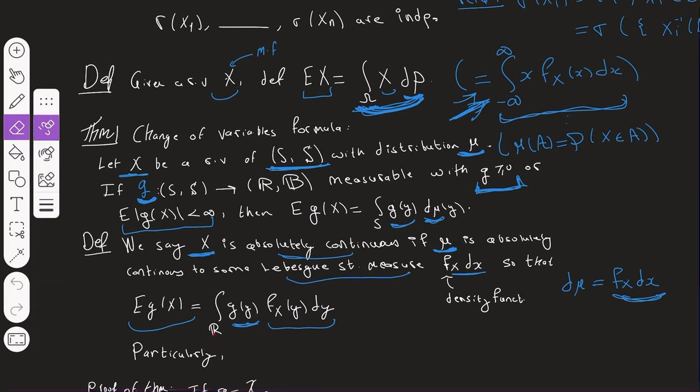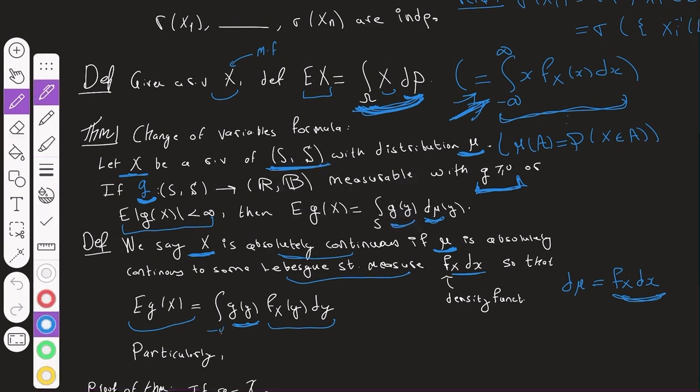Of course, we're integrating over R, and we can also write this as minus infinity to infinity if you prefer. And we just recovered the law of the unconscious statistician.